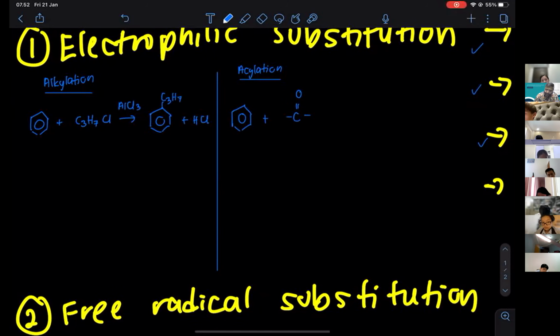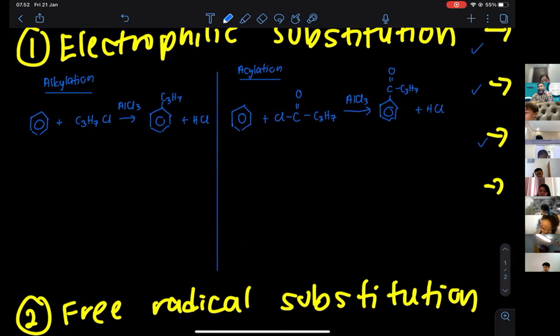Let's say I put the Cl, and the alkyl group I put this side, maybe C3H7. Similarly, they are going to require AlCl3, and give you the product C double bond O, then C3H7, and you will get HCl. This is the reaction that is going to happen.